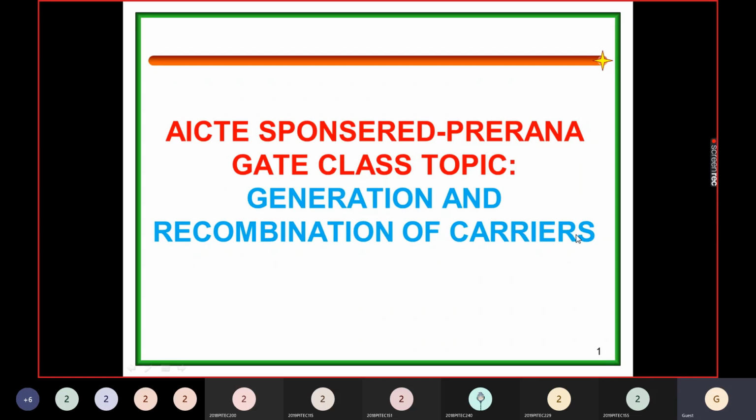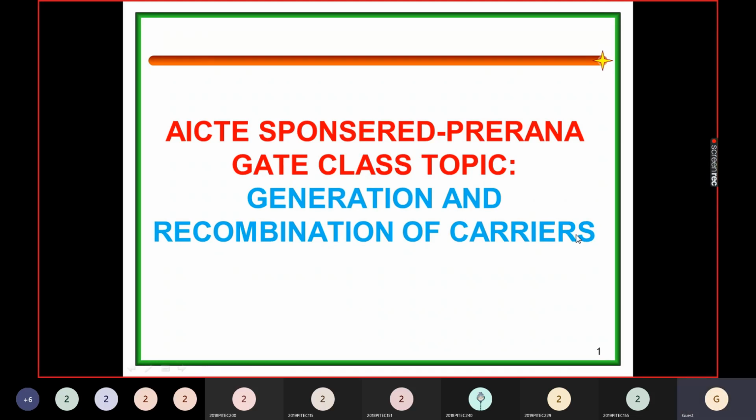I repeat again, the fundamental unit where the electrons and holes combine with each other, or we can say the recombination state, in an inorganic semiconductor corresponds to an electron transition between the valence band and the conduction band. That's what we saw in the intrinsic semiconductor case. Whenever recombination of electrons and holes takes place, automatically a transition between valence band and conduction band will be present.